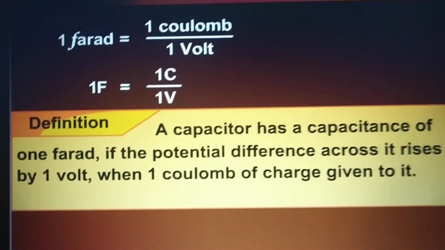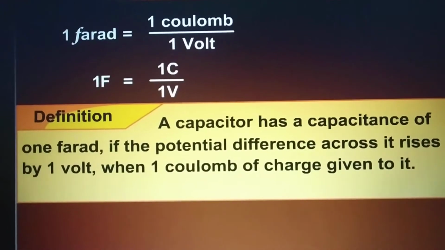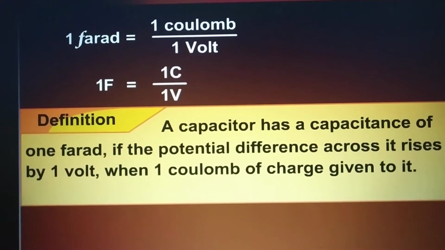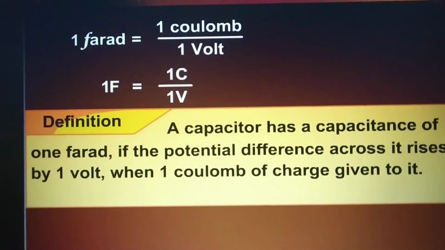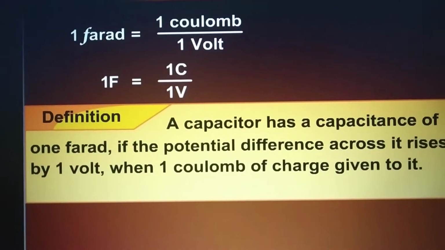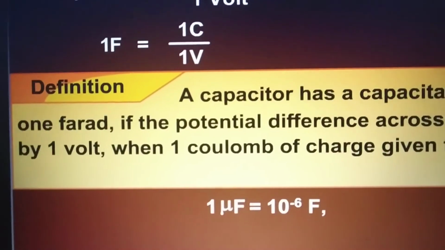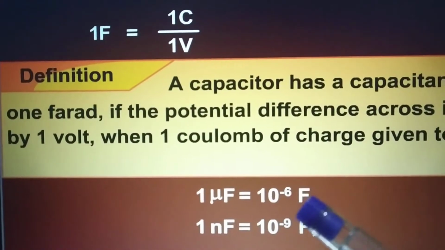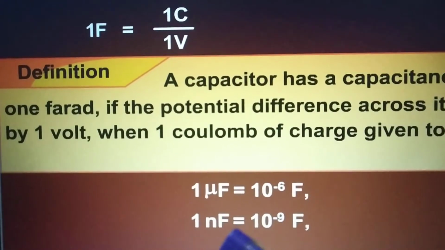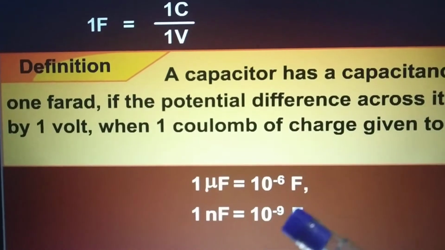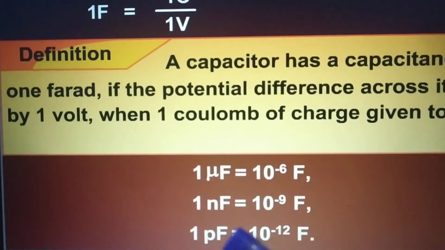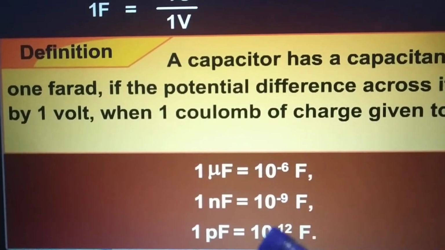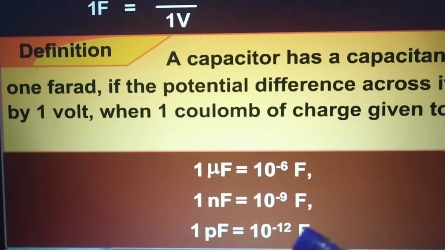A capacitor has a capacitance of 1 farad if the potential difference across it rises by 1 volt when 1 coulomb of charge is given to it. So 1 microfarad is equal to 10 to the minus 6 farad, 1 nanofarad is equal to 10 to the minus 9 farad, and 1 picofarad is equal to 10 to the minus 12 farad.